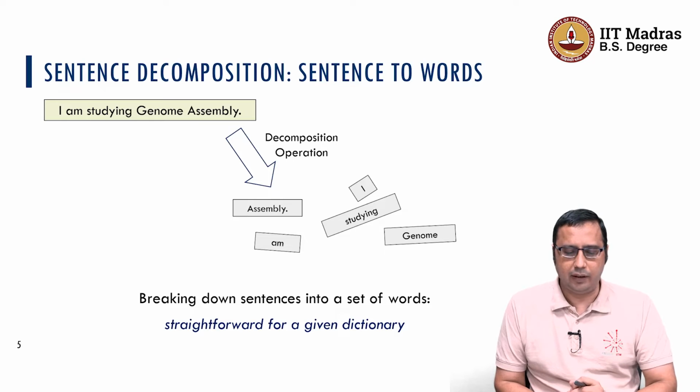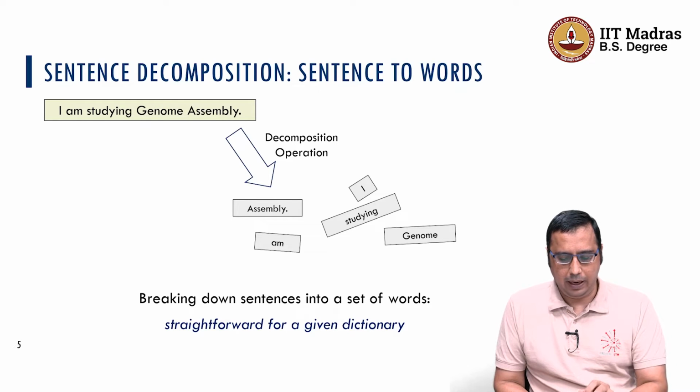For example, here I have a sentence, I am studying genome assembly. Then I will perform a decomposition operation which decomposes this sentence based on a certain dictionary. Of course, we all know those dictionaries, and it creates a set of small fragments or words: assembly, I am studying genome, and I.